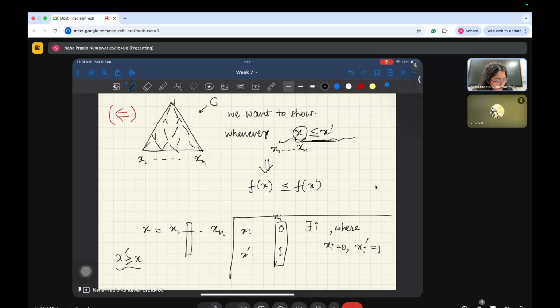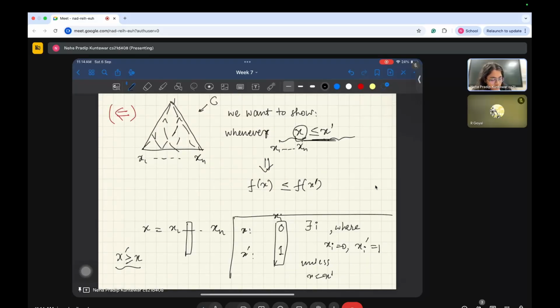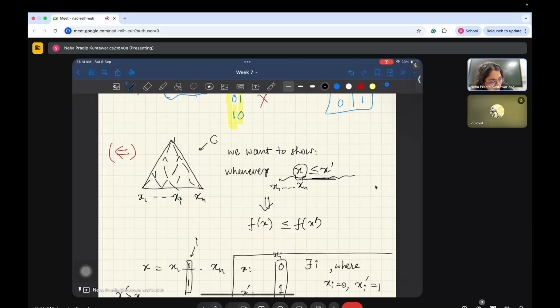Otherwise it will be the same input as x, which is not interesting, so there's nothing to argue otherwise. It could happen multiple times, but let's say for now that we are talking about this particular place i where this happens. So our xi was here, and it was a 0 earlier.